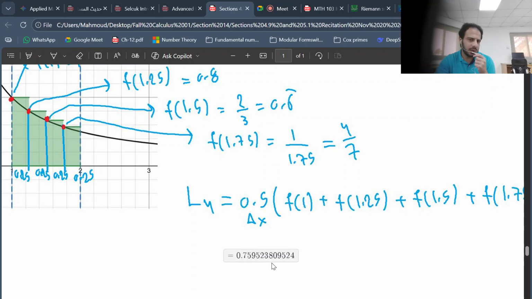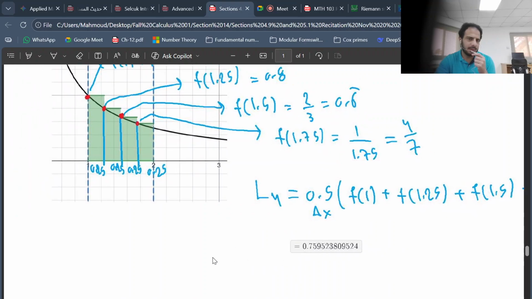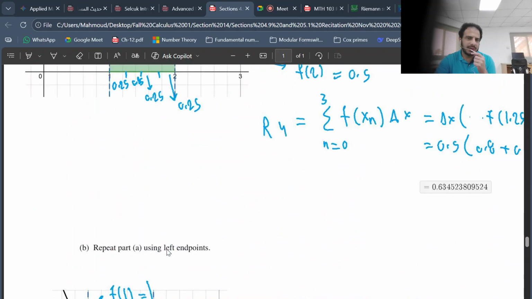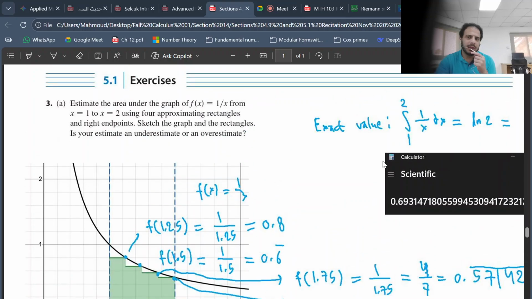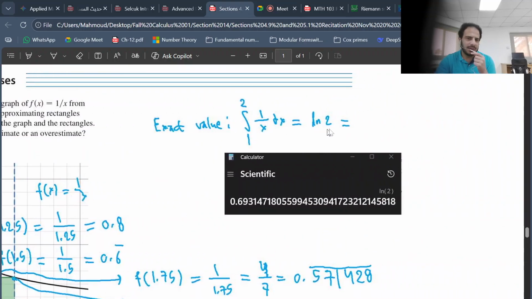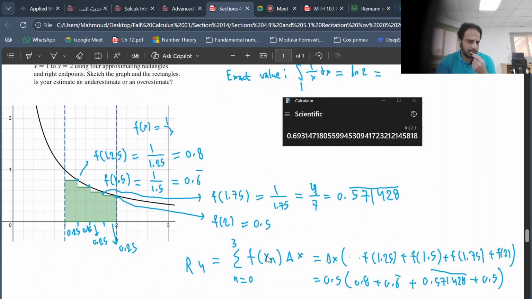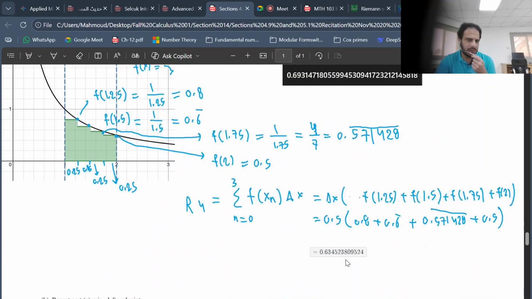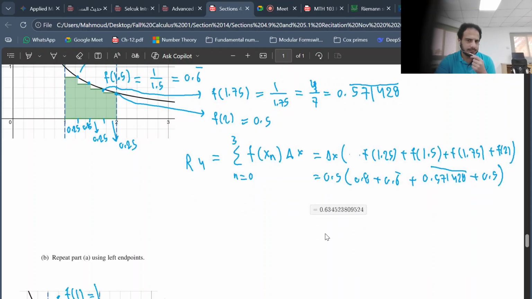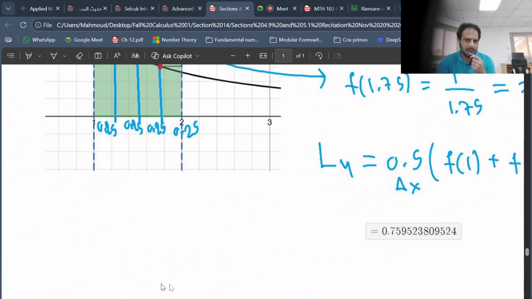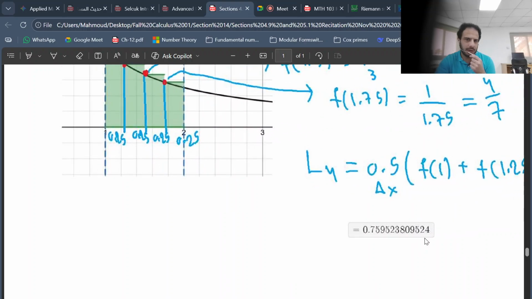Here you get 0.75. So here this is overestimate, right? Where is the exact value here? Yes, the exact value is here. The exact value is ln 2, which is 0.693. So we are getting good approximations, right? With 4 rectangles. We have here 0.63. Here we have 0.75. If you add more rectangles, you get a better answer.